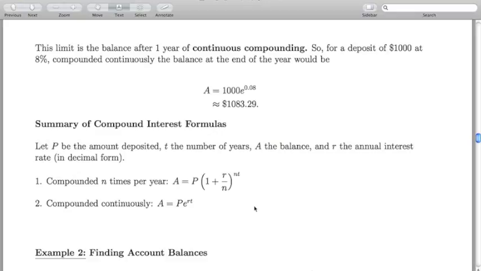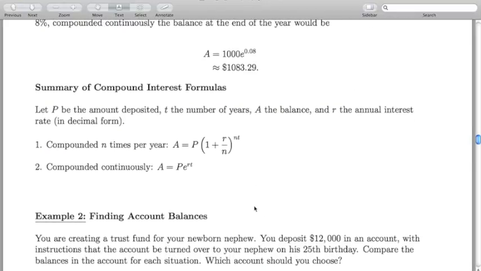Okay. So just a recap on compound interest. If P is the amount that you're going to deposit, T is your number of years, A is the balance after you do your compound, and R is going to be the annual interest rate in decimal form. Then if it's compounded n times per year, we're going to use this formula that we discovered.